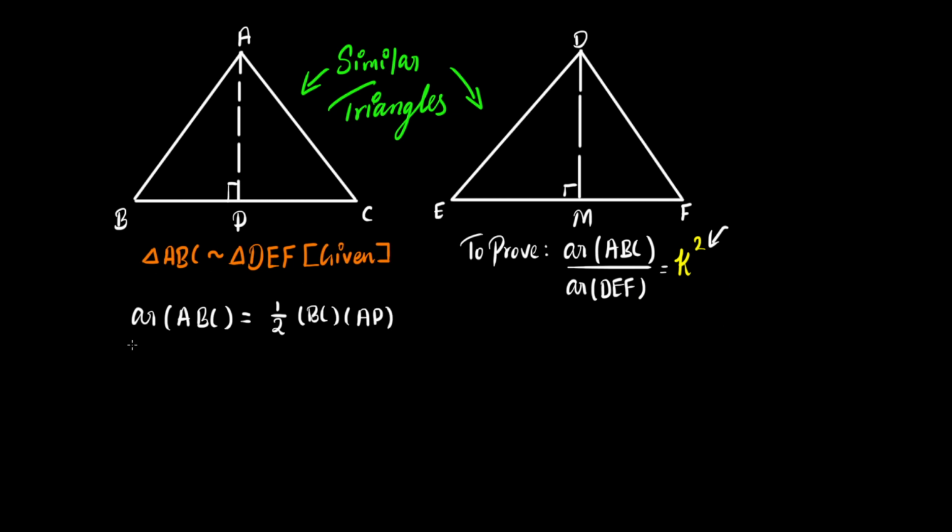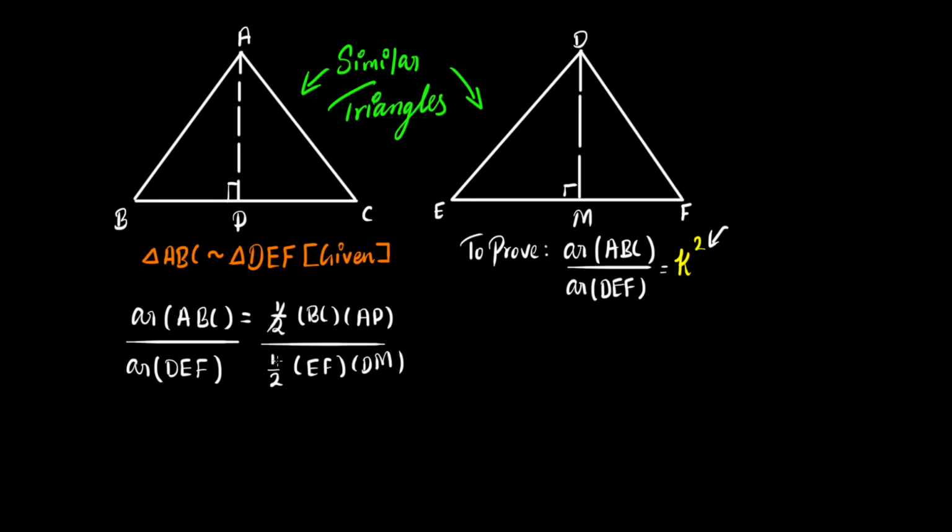Now let's divide that by the area of triangle DEF, which is half times the base EF times the height DM.